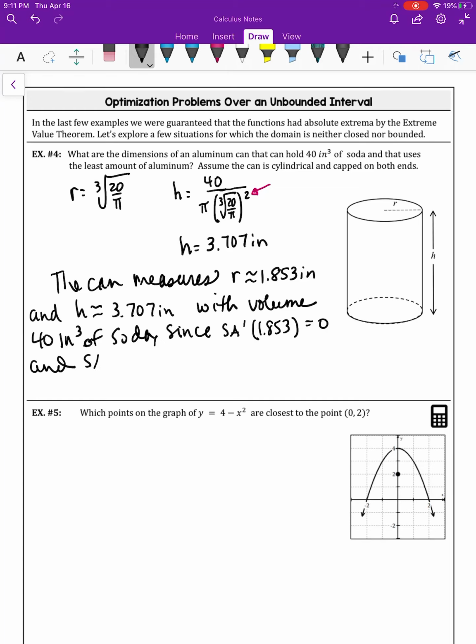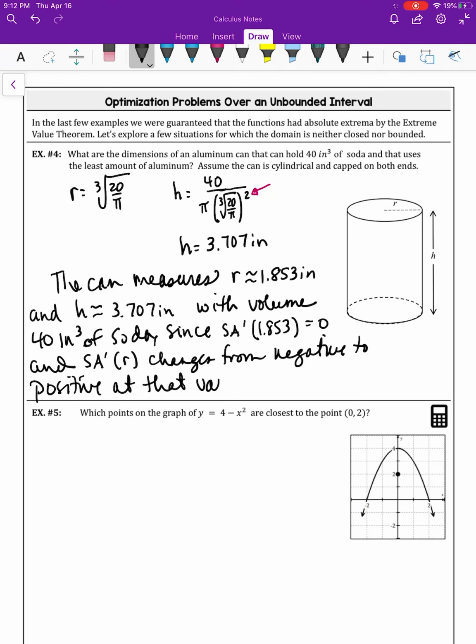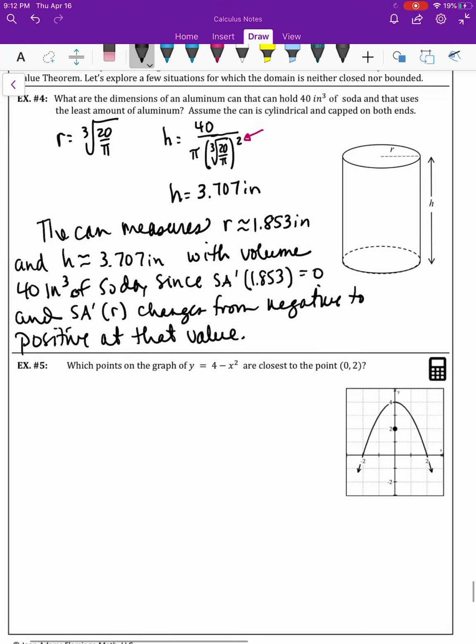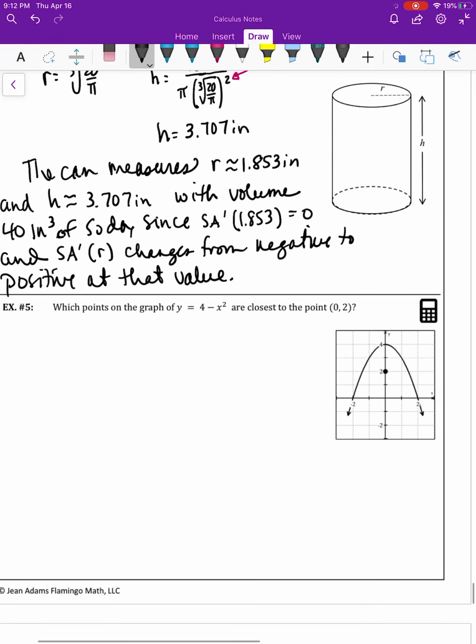Since surface area prime at 1.853 equals 0, and surface area prime of r changes from negative to positive at that value.